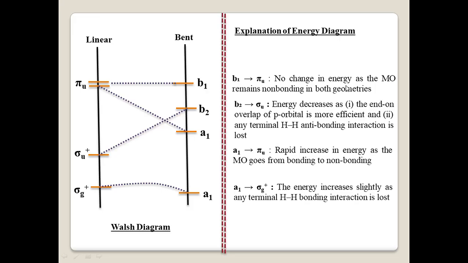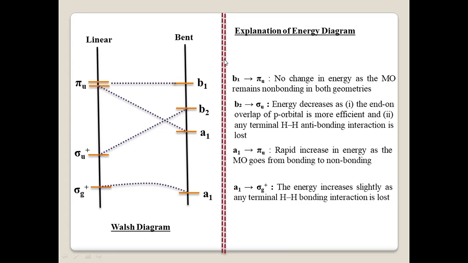No change in energy as the MO remains non-bonding in both geometries, but B2 to sigma u plus, the energy decreases as the end-on overlap of the p orbital is more efficient and any terminal H-H antibonding interaction is lost. Then A1 to pi u, a rapid increase in energy as the MO goes from bonding to non-bonding. Then A1 to sigma g plus, the energy increases slightly as the terminal H-H bonding interaction is lost.